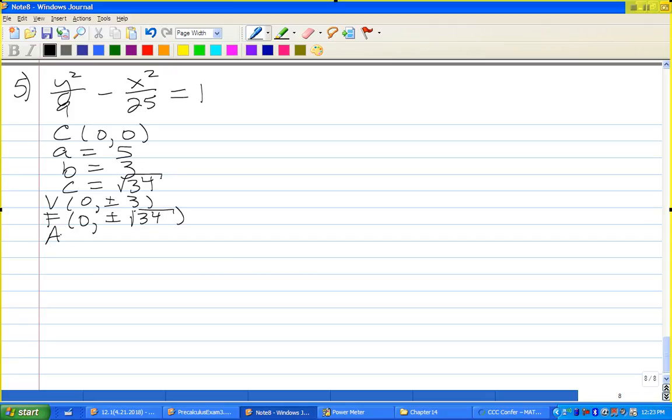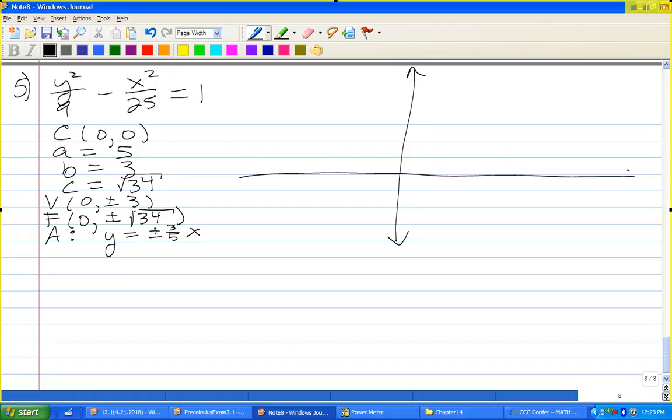The asymptotes are y is equal to plus or minus 3/5 x. Let me draw first the bounding rectangle. So 1 2 3 4 5, 1 2 3.